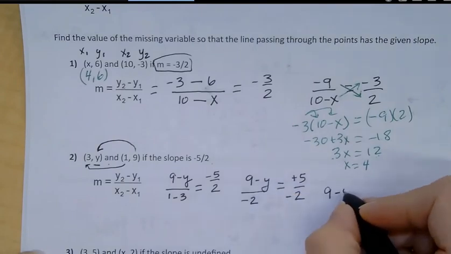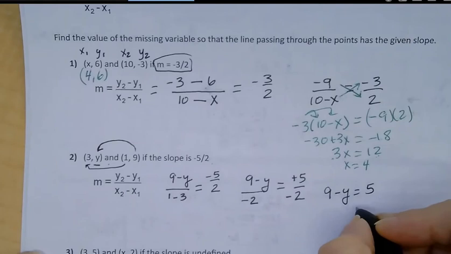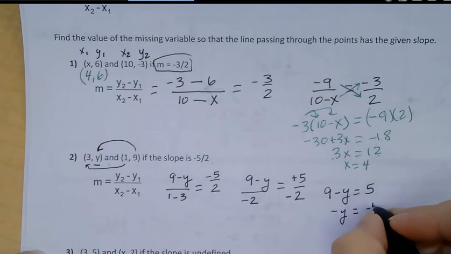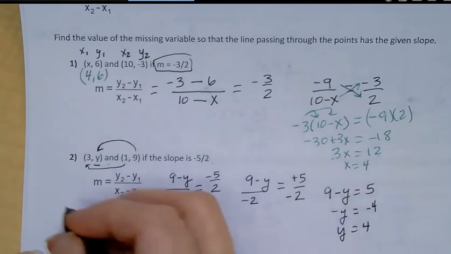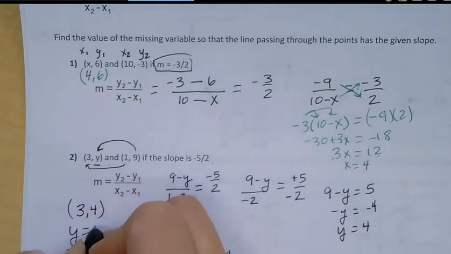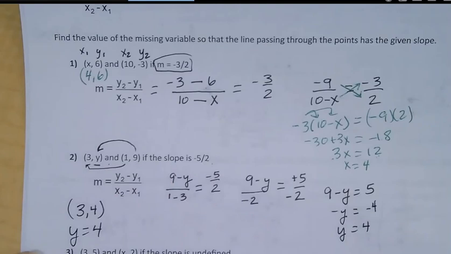So I know that 9 minus y equals 5. I will subtract 9 from each side, and I get negative y equals negative 4, which means y equals 4. My missing number is 4. My ordered pair should be (3, 4). And you can always now find the slope knowing that you found that ordered pair.